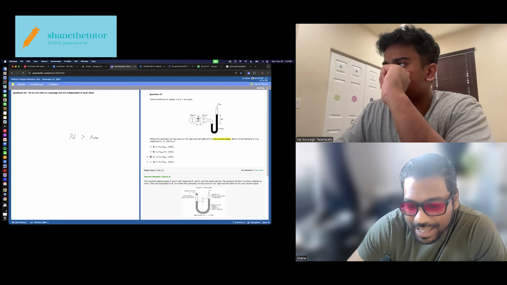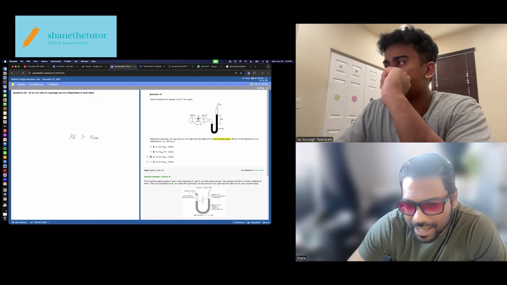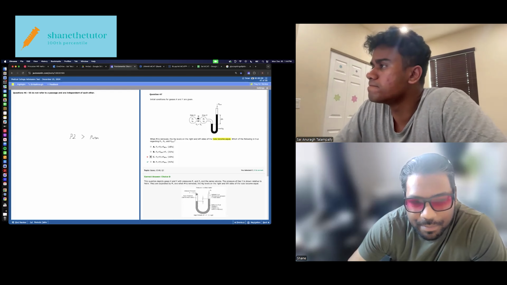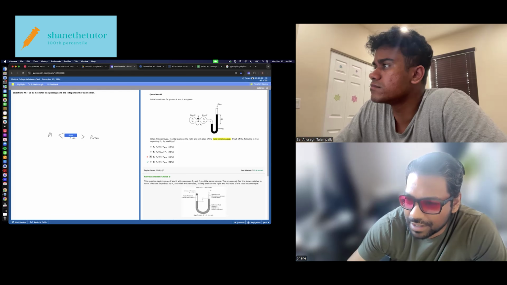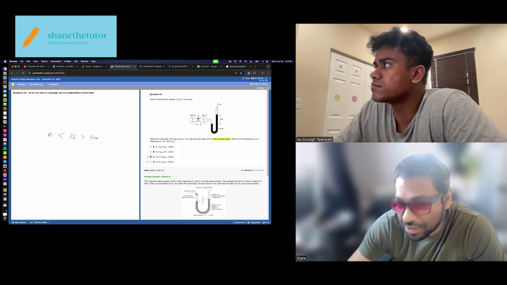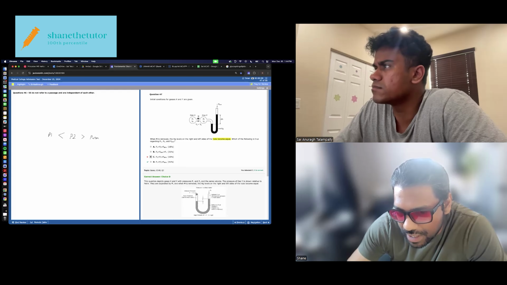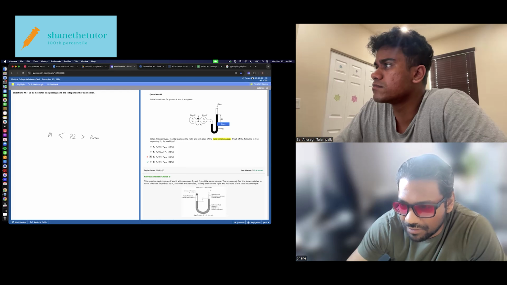And if we open this stopcock here, the overall pressure on the left decreases, right? That's when you mix gas X with gas Y. So gas X must have a lower pressure than P2. Because if it had the same pressure, you should not see any change in the levels of the mercury.